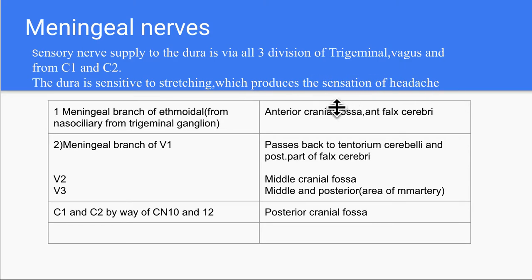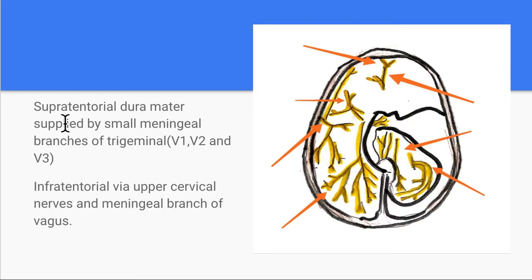Okay, so I've summarized the nerves of the dura, but for easier understanding, we can see that the supratentorial dura mater is supplied by the small meningeal branches of the trigeminal, and the infratentorial is supplied by the cervical nerves and the meningeal branches of the vagus.